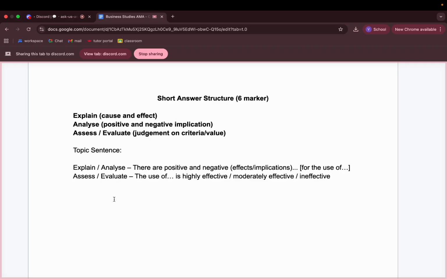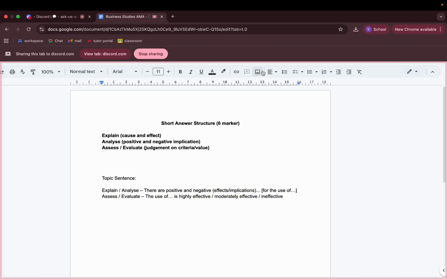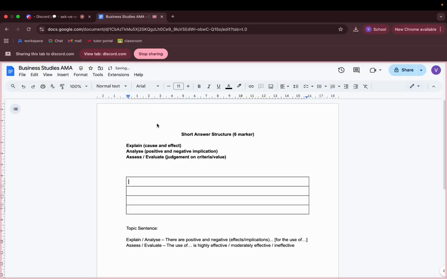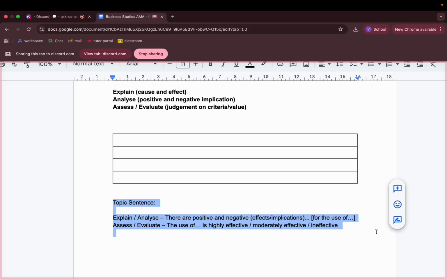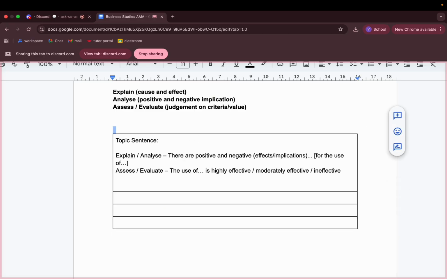So we would take a stance. We would use one of the three. Let's table that up like so. Sort of like that.